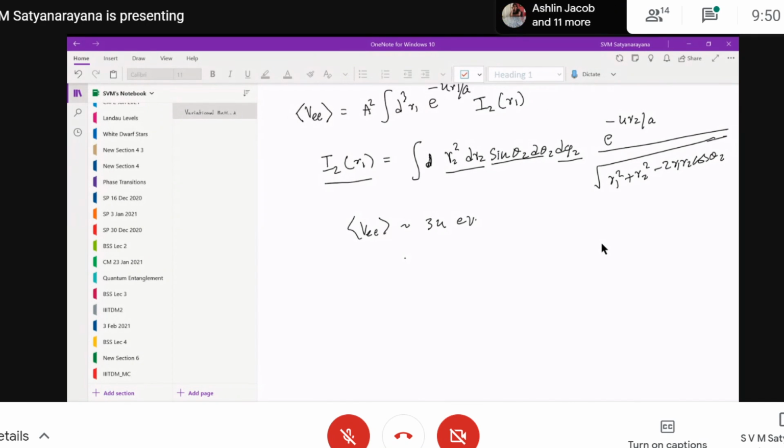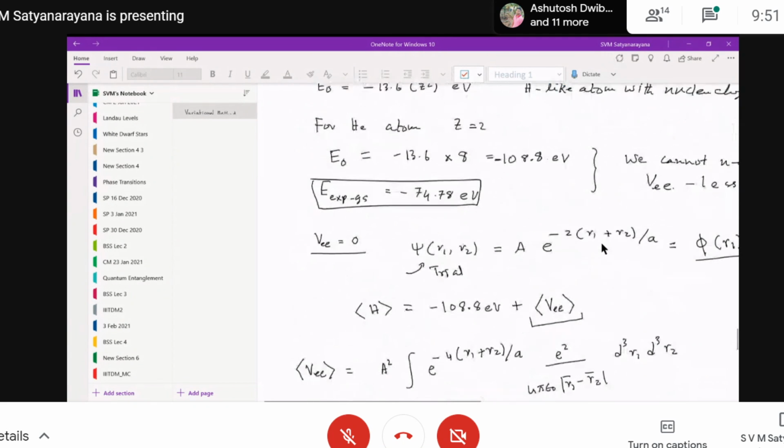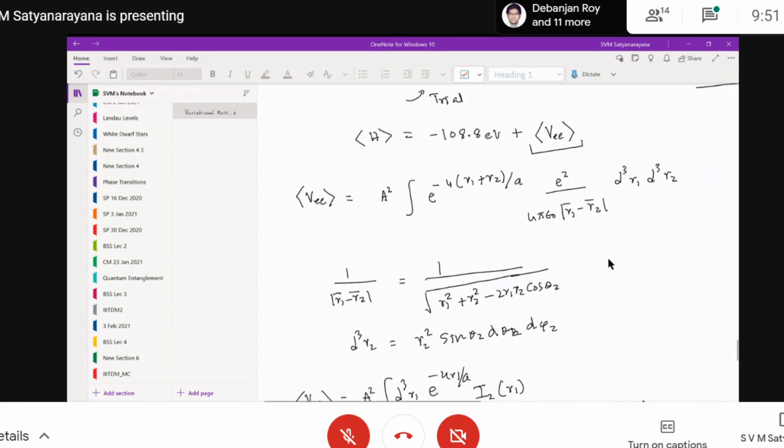But that is also not a satisfactory thing. So what one does is, instead of this 2, you will always choose some Z prime, so that you will get the ground state energy as a function of Z prime.